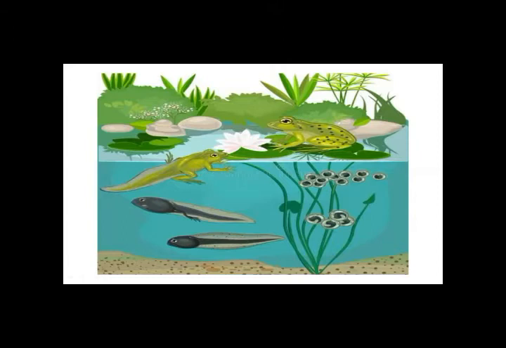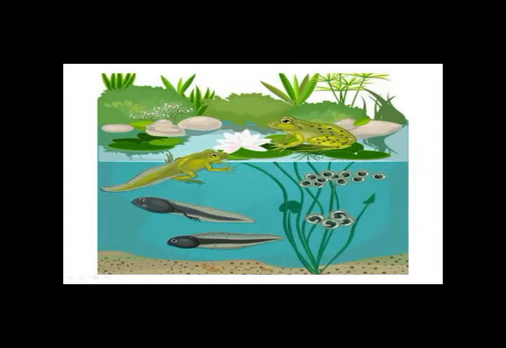Wow, it was amazing. Okay, so what was the next thing? Yes, the next thing that grew was the front legs. Now it had all four limbs. Back limbs, the back legs and the front limbs.